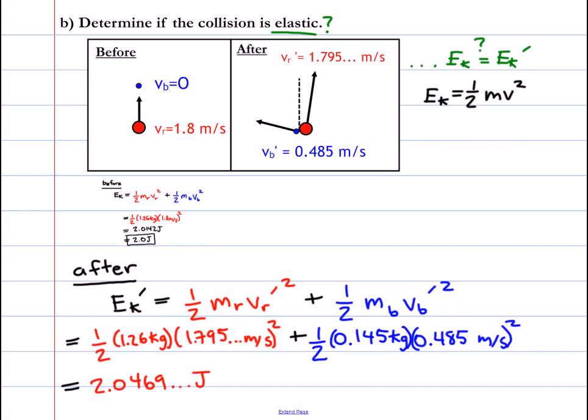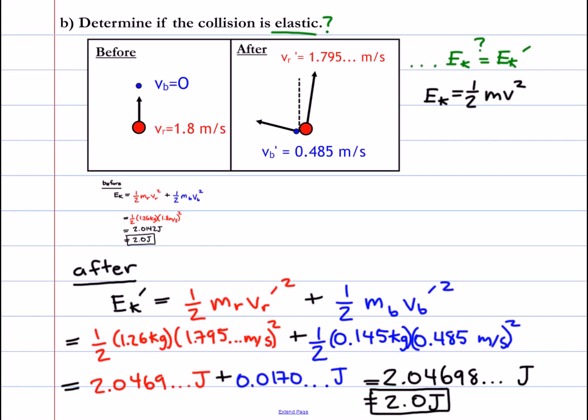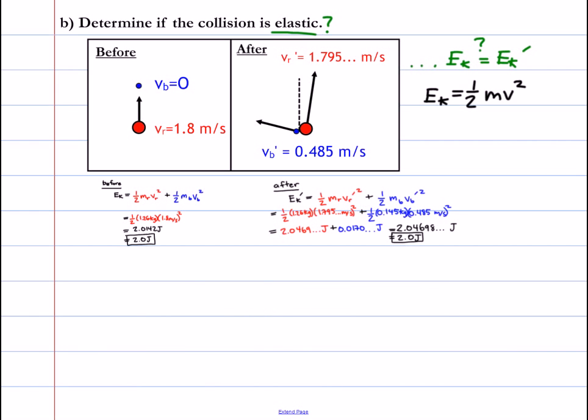Then we end up with 2.05 roughly for the red ball and 0.017 for the blue ball. So round that to 2 significant digits. It's 2 joules after the collision, total kinetic energy. Now we compare the kinetic energy before the collision with the kinetic energy after the collision, and they're the same, so the collision is elastic.